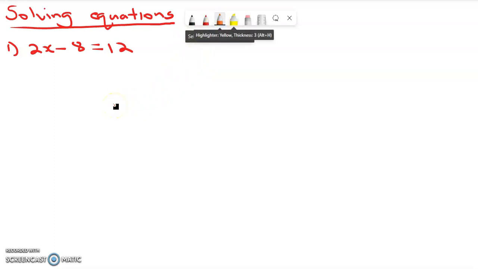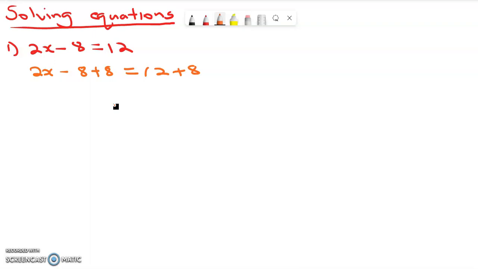This is 2x minus 8 equals to 12. So to solve this, it's going to be 2x minus 8 plus 8 equals to 12 plus 8. Remember, if we want to solve for x, we need to isolate x.